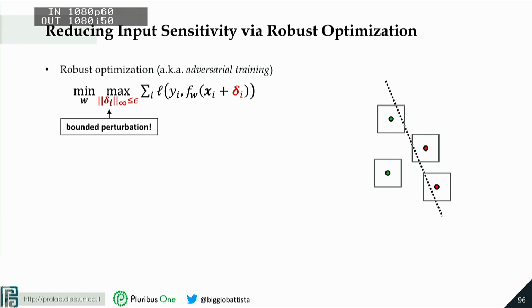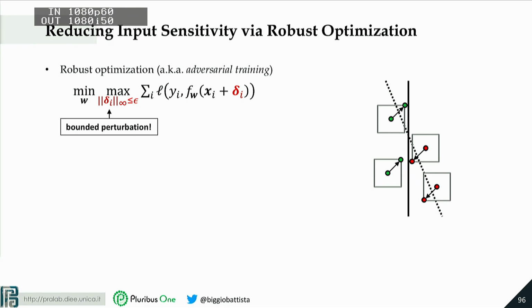Maximizing the loss function with respect to this perturbation means that you shift the points towards the boundary in order to improve the chances of having such points misclassified. In practice, it means that this training point will change as shown in the picture. That's what the inner optimization loop does: it manipulates all the training points and creates adversarial examples out of them. This is an iterative process. You train the classifier, you modify the samples, then you retrain the classifier, and so on, until you reach some equilibrium point.